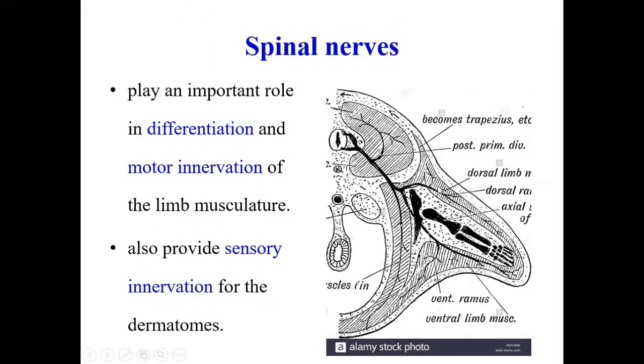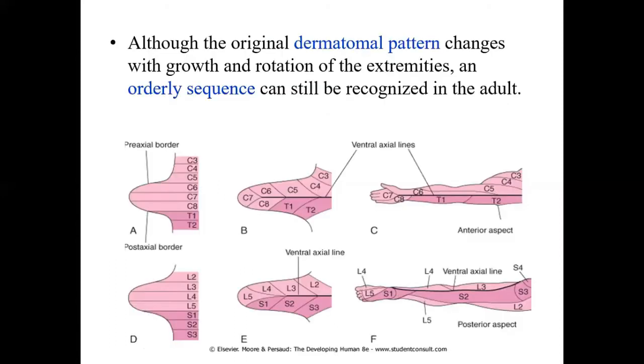These are the branches of the spinal nerve: dorsal division, ventral division. Here we see the segments of the spinal nerves, and this is the limb bud. When the limb bud grows, it carries fibers from these segments, and they also maintain an orderly sequence.